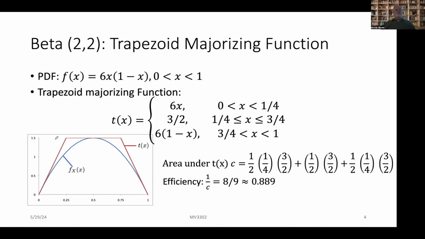In other words, we're not even generating stuff out here. We're only generating things which are going to be like this, and we now know how to generate from a trapezoid distribution. In fact, in this particular case, we can identify what these are.